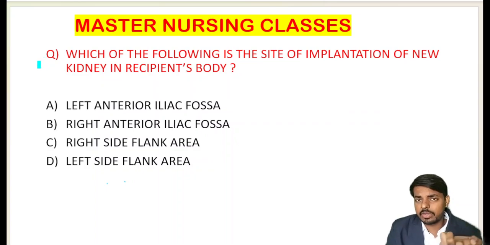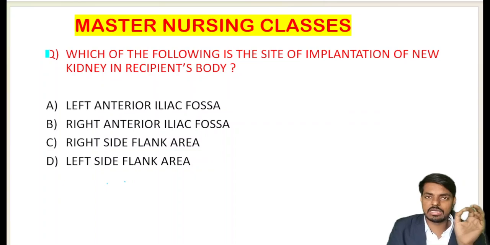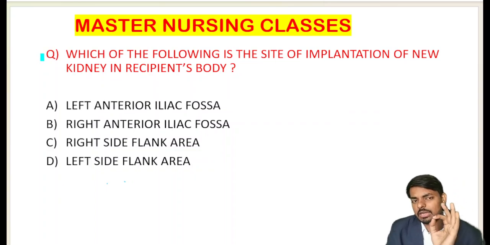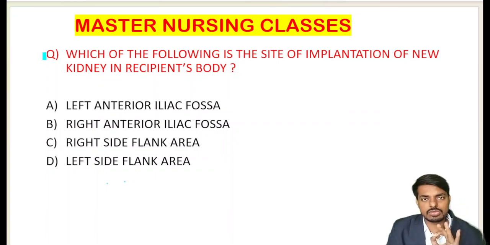So to make it very easy, I am explaining it clearly and slowly, because all of you should understand this and get these marks easily, where others may struggle to get them. That is the question from renal transplantation and renal biopsy. We will discuss the renal biopsy questions in upcoming sessions also.